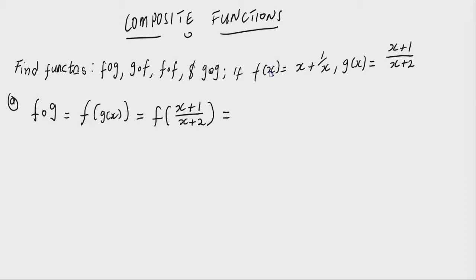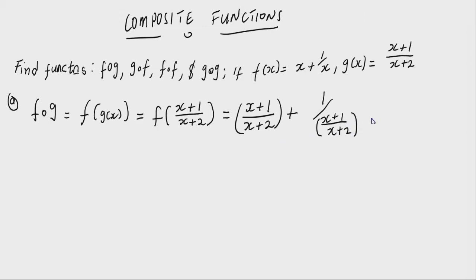What the function does is that it adds the reciprocal of X to X. So if this is our X, all we're doing is adding the reciprocal of this to this. So let's write our new X, X plus 1 divided by X plus 2, plus 1 divided by our new X, X plus 1 divided by X plus 2.